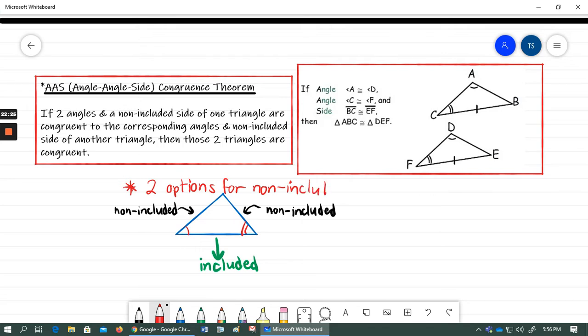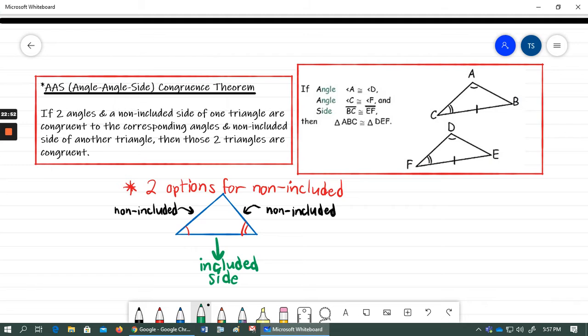But there are two options for non-included sides in a triangle. So in a triangle, there are two options for a non-included side. So it's one of the two sides that is not included, that is not between those two adjacent vertices.